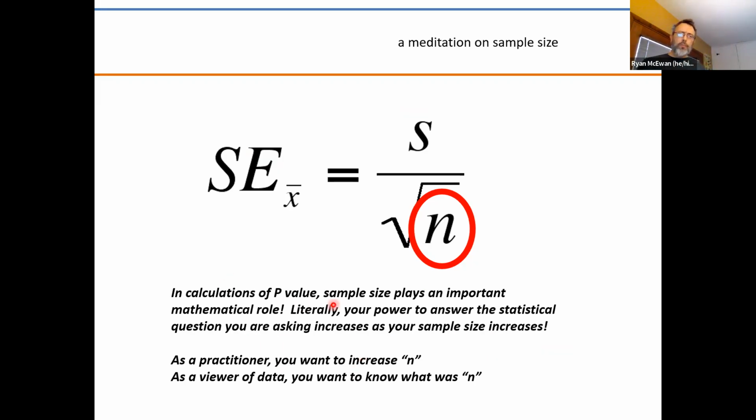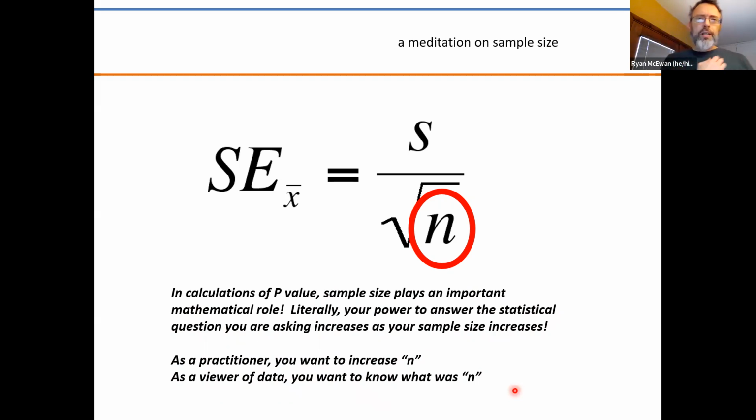In the calculation of a p-value, sample size plays an important mathematical role. Literally, your power to answer the statistical questions you're asking increases as your sample size increases. As a practitioner, you want to increase N. As a viewer of data, you want to know what N was. You want to know what the sample size was.